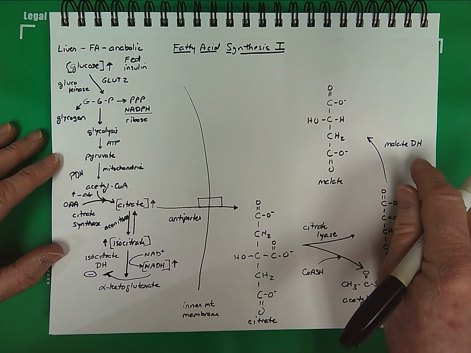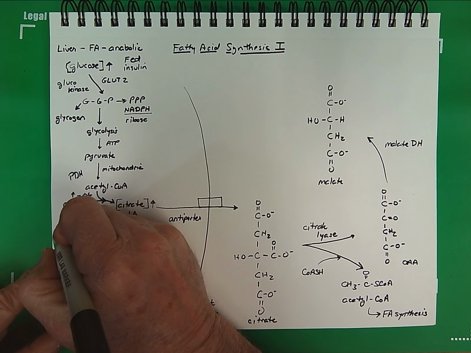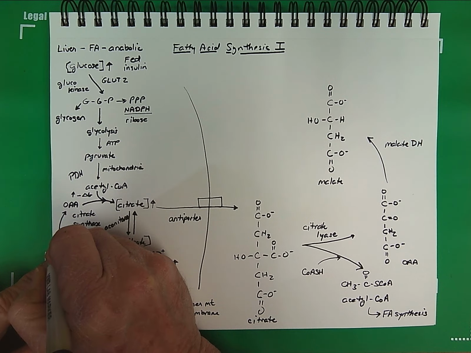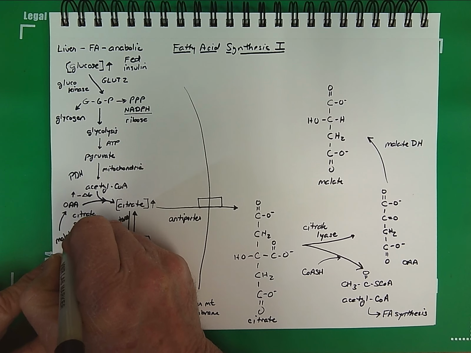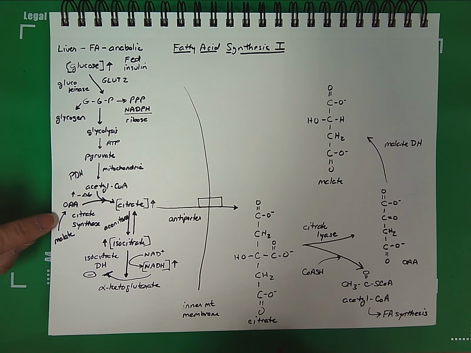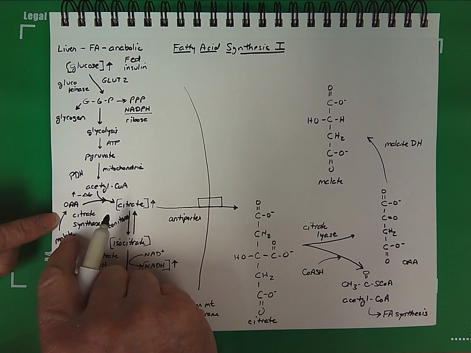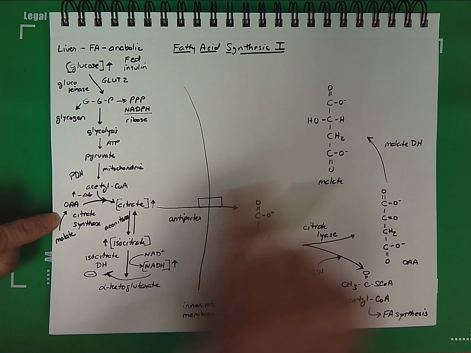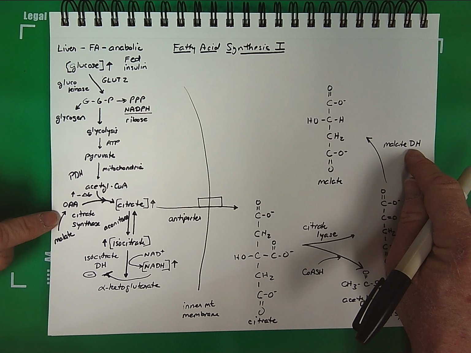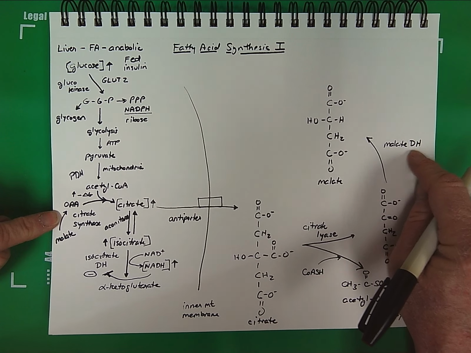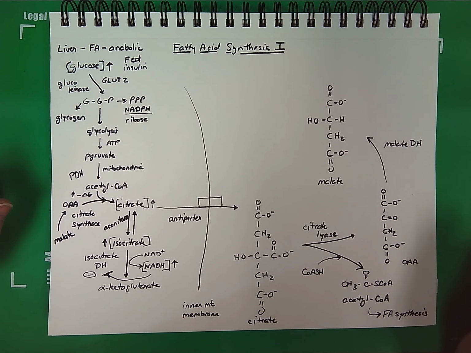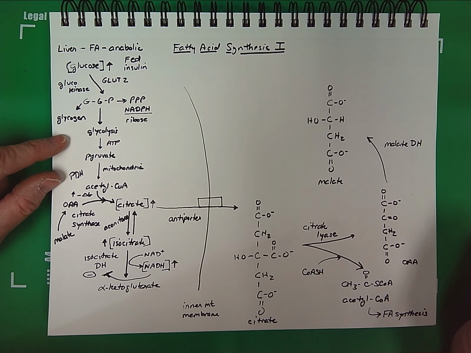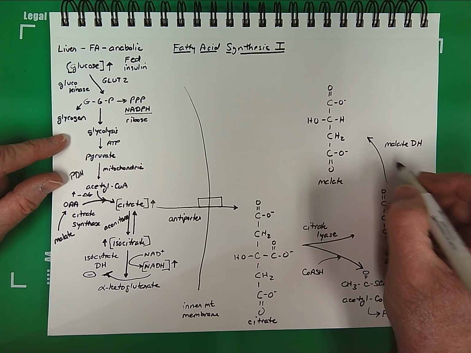Recall that in the TCA cycle, we are also forming oxaloacetate from malate. The enzyme that performs this reaction is also called malate dehydrogenase. There are two forms of this enzyme. One is in the matrix of the mitochondria, the other is in the cytoplasm. Both of them perform the same reaction, which is a redox reaction.